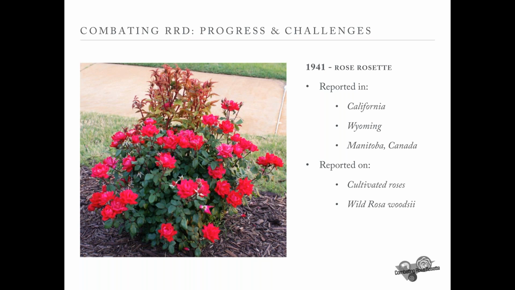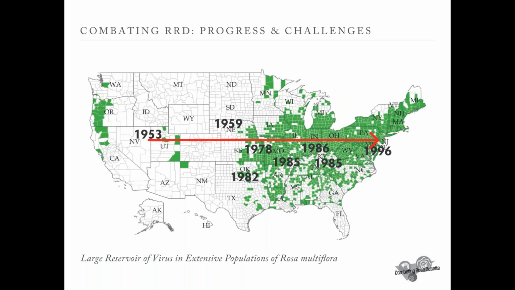And then that was later found first in Rosa woodsii, a native rose, and then later on cultivated roses. The march of RRD over nearly 45 years or so took place from its first origins in California in the western United States and Canada, all the way across the United States.